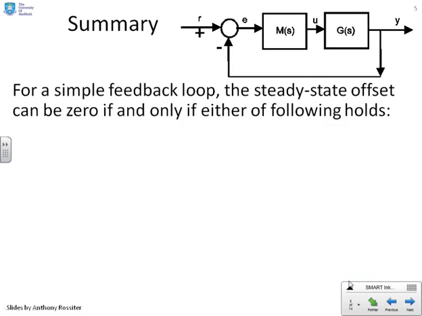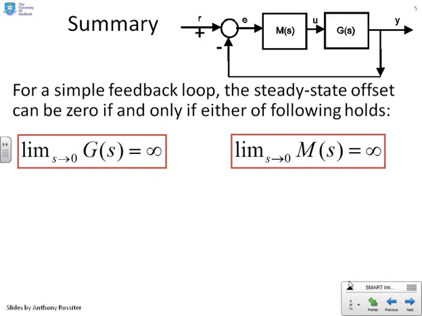So for a simple feedback loop, the steady state offset can be 0 if and only if either of the following holds: the limit as s goes to 0 of G(s) is infinity, or, it doesn't have to be both, the limit as s goes to 0 of M(s) is infinity. Now, you'll notice I've also used the word can. That doesn't mean must, because you may have an unstable closed loop with either of these two conditions.